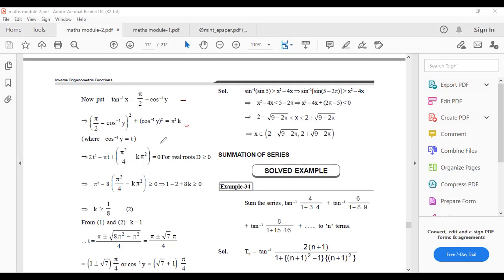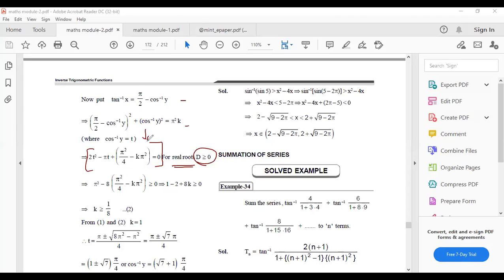It will be formed, yes. So when you get the quadratic equation, should you ask for the discriminant to be greater than or equal to 0 to get the real roots? Should that be greater than or equal to 0?